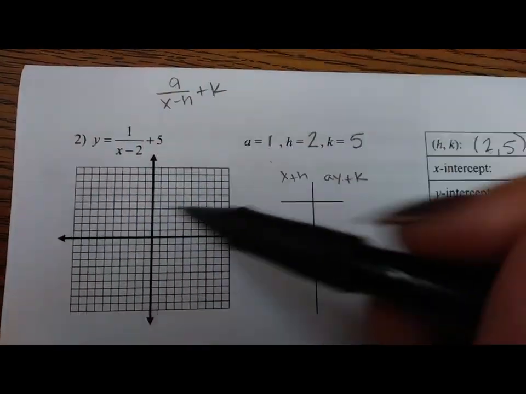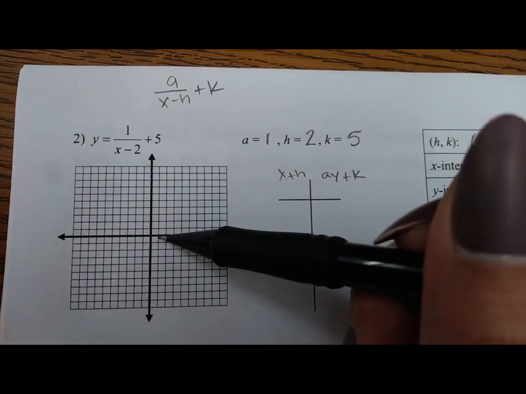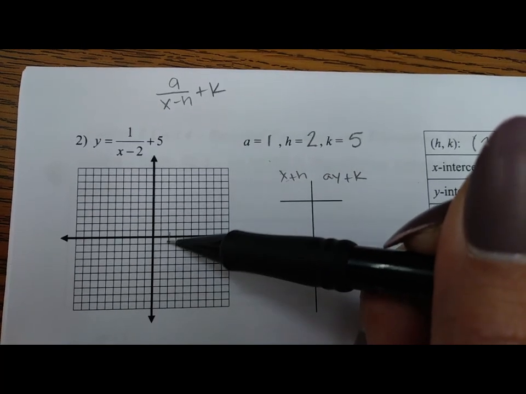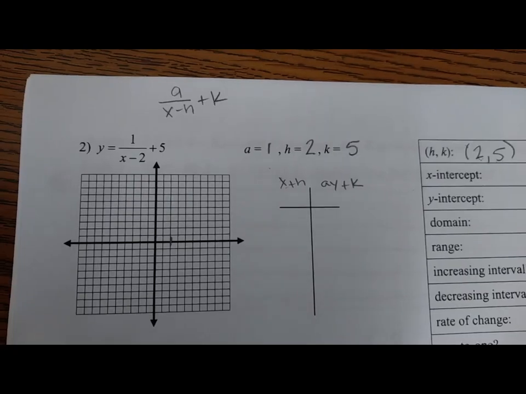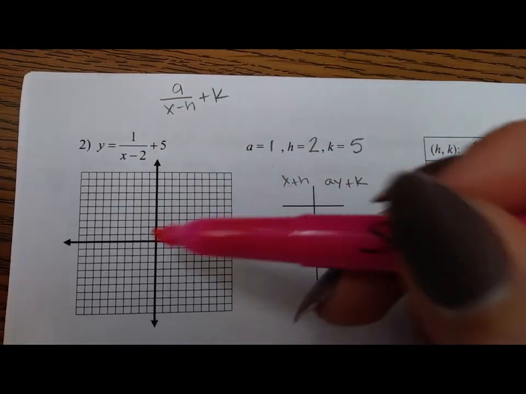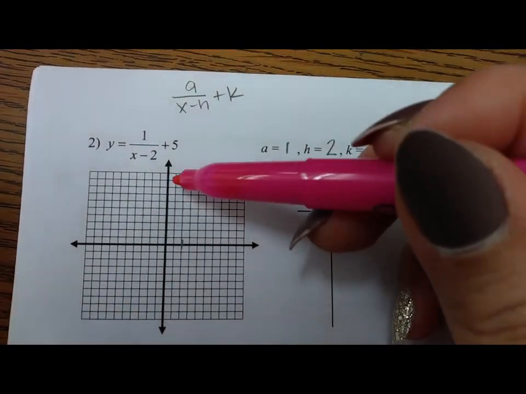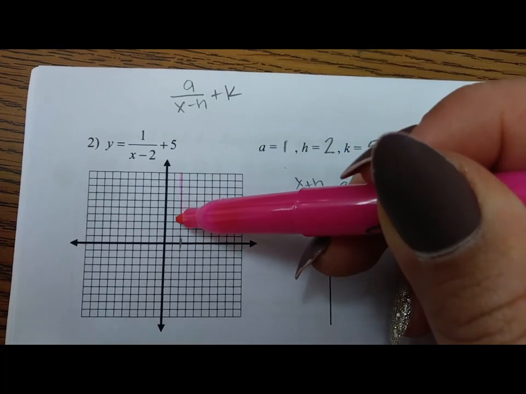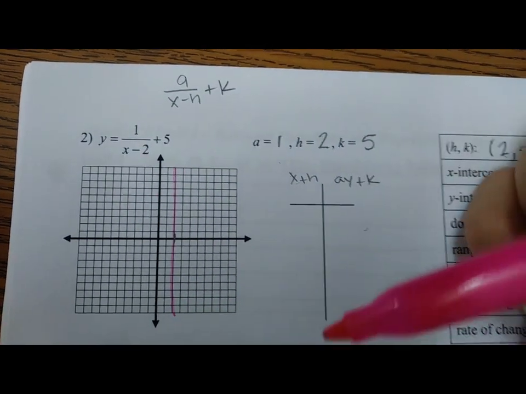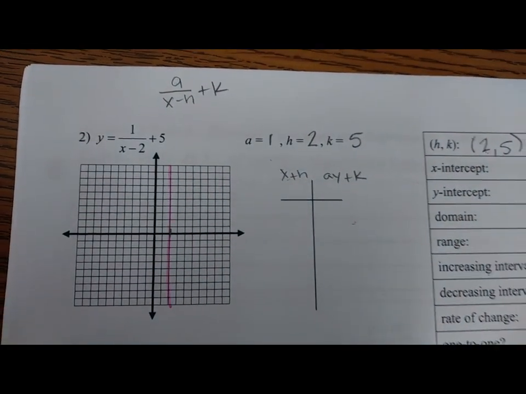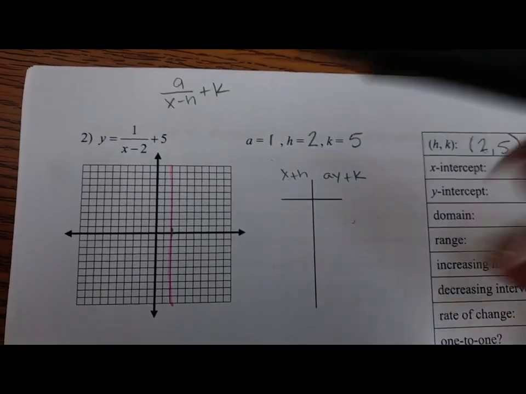So if it's x equals 2, I'm going to go to where x equals 2. And remember, if we have a line called x equals 2, it would be a vertical line crossing the x-axis at 2 and going on forever. The same with y equals 5.